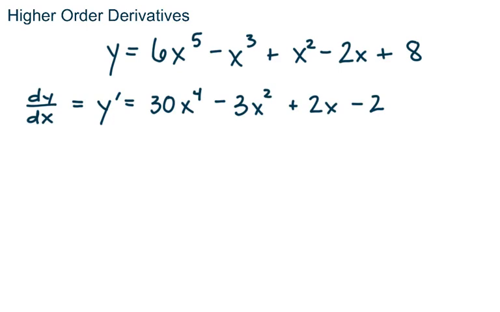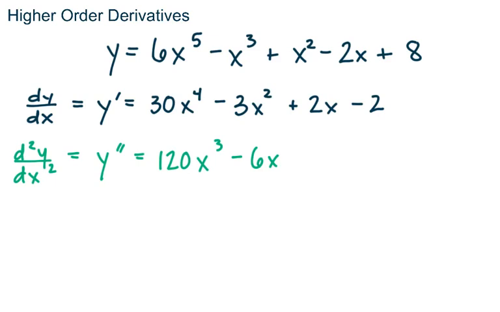So my second derivative, the derivative of y with respect to x, y double prime, that might be 120x cubed minus 6x plus 2.